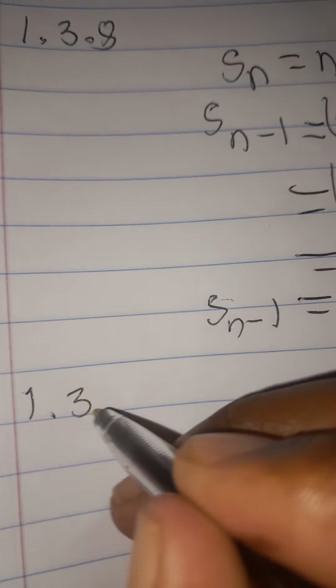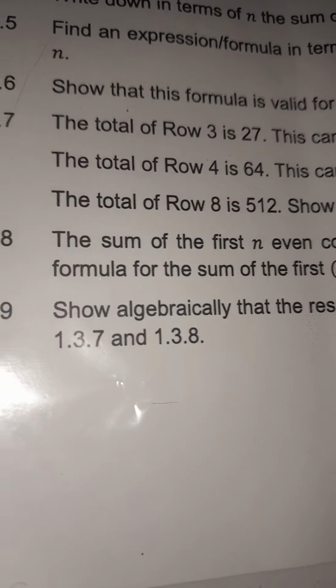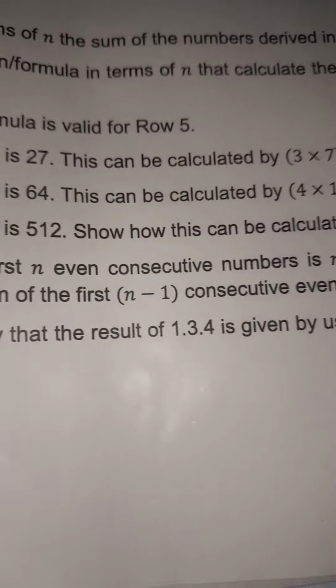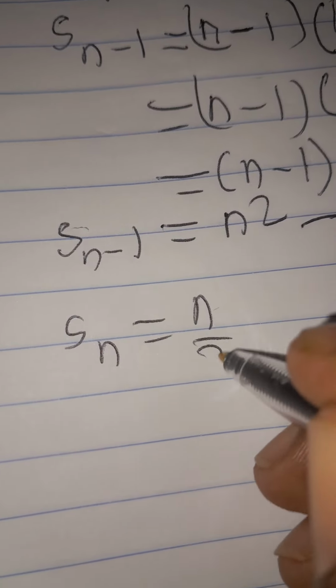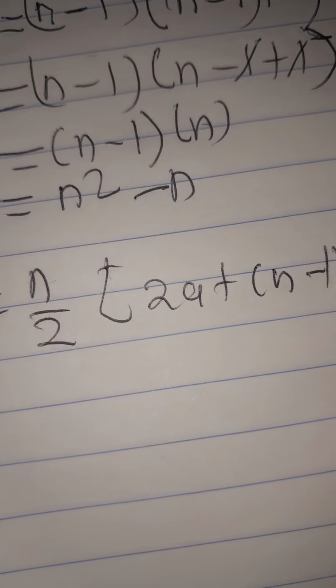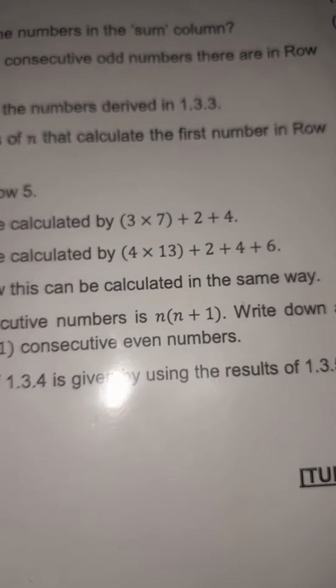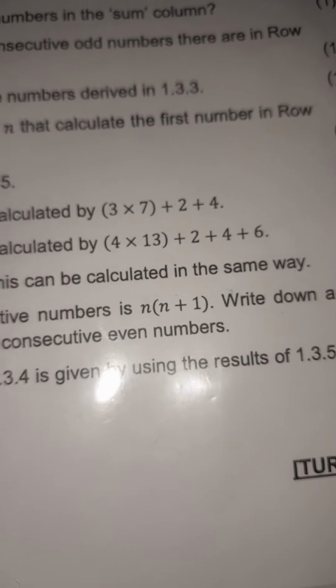Then let's go to 1.3.9. At 1.3.9, show algebraically the result of 1.3.4. You may recall that at 1.3.4 it was Sn equals n over 2 times 2a plus n minus 1 d. And they said it's given by using the result of 1.3.5.